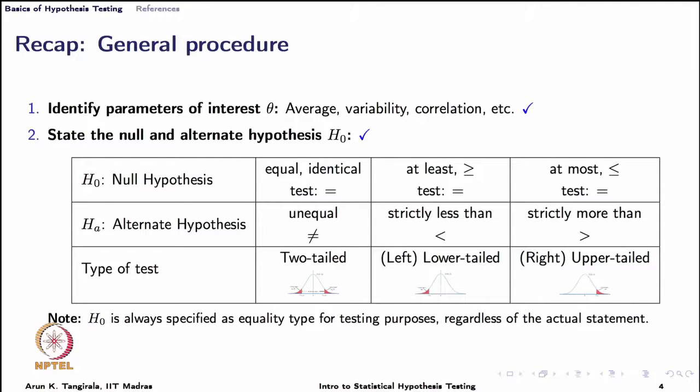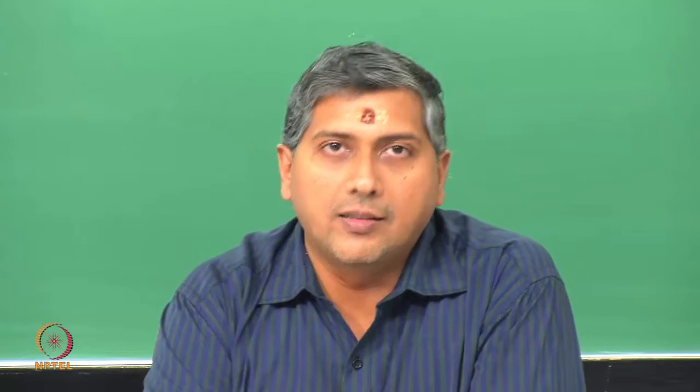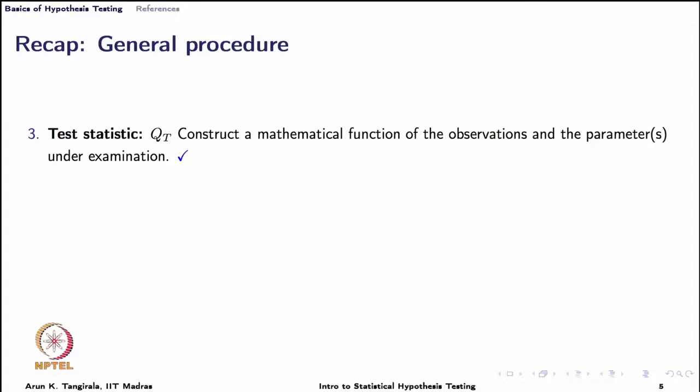Although the problem statement may involve null hypothesis of inequality, like at least or at most, as far as the implementation is concerned, with the null and alternate hypothesis framed, and of course, the parameters of interest identified, the next step naturally is to choose the test statistic, which we denote by QT, and this test statistic, as I have explained earlier, can be thought of as a lens, that you are an inspector or you are a detective in search of evidence, and you are using this test statistic as a magnifying lens in search of evidence, either to reject H naught most of the times, but if you cannot find enough evidence, then you stick to the null hypothesis.